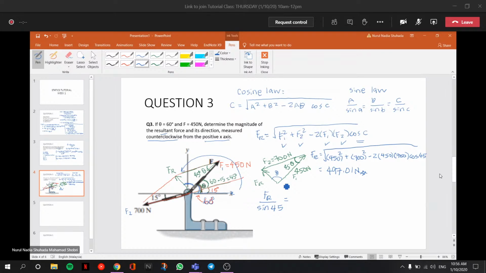Since the angle that we are looking for is right here, the force that we need to use in the calculation is the one opposite to the angle, that would be F equal to 700 Newton.